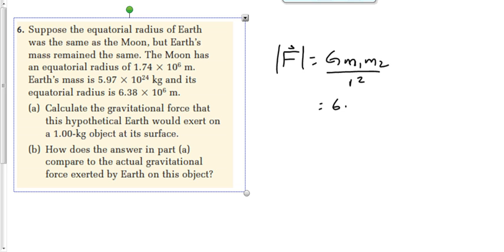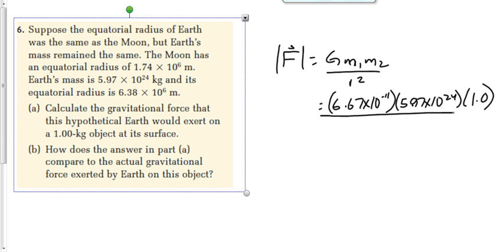We get 6.67 times 10 to the minus 11 again, times 5.97 times 10 to the 24, times, I like it when the mass is 1 kilogram, eh? Divided by the distance, we want the equatorial radius of the moon, right? 1.74 times 10 to the 6.